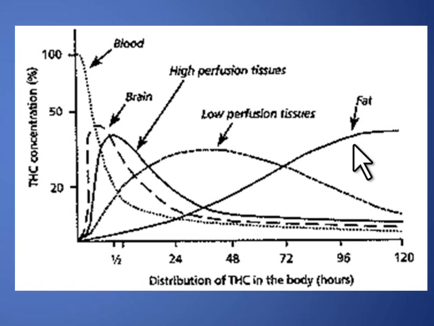The triglycerides within the fat tissue provide a storage depot for nonpolar lipophilic xenobiotics, and we would expect the THC concentration in blood to be maintained at a low level for a long period of time beyond 120 hours of administration as the xenobiotic slowly leaches from the fat tissue.